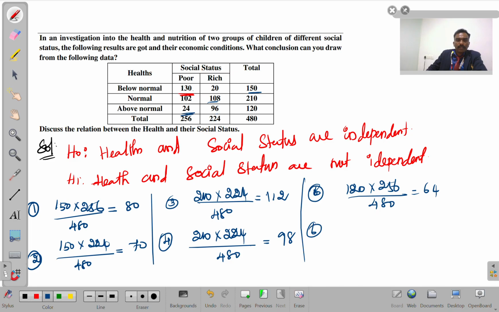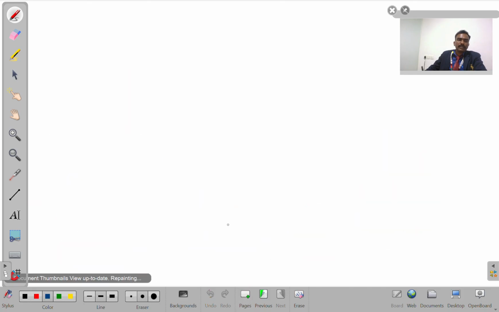Then for 96, the row total is 120 into 224 divided by 480. The value is 56.